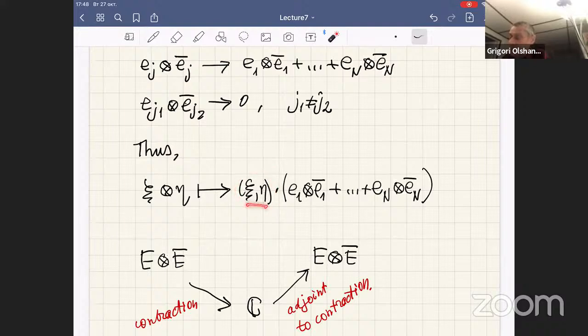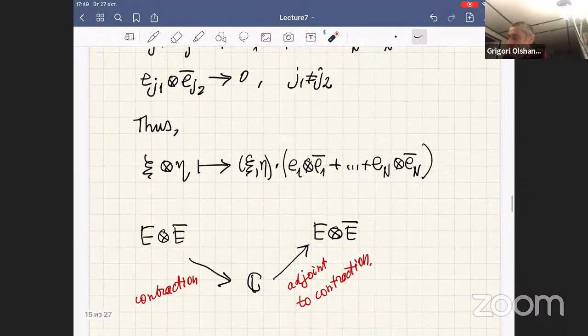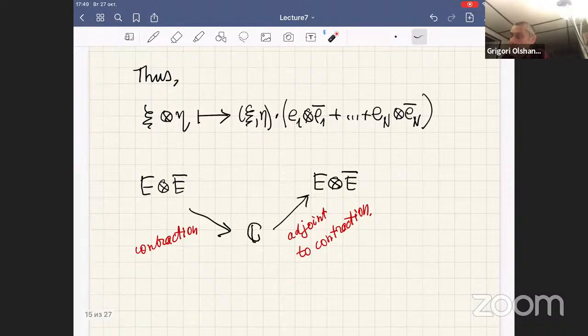It's correct because this is something which depends linearly on Xi, and anti-linearly in eta, but eta is an element of a dual space with a conjugate operation of multiplication by scalar. So it's correct. This is called the contraction of tensors. We have a canonical operation of contraction.